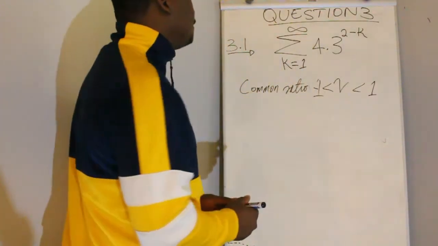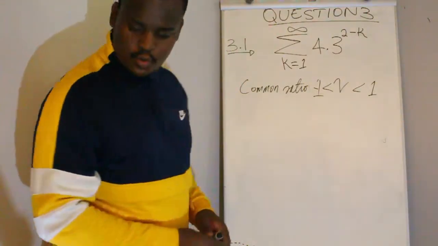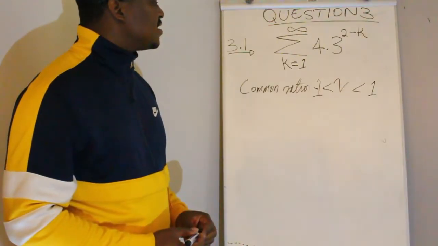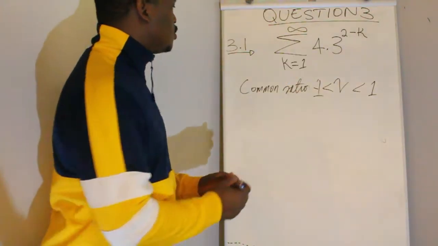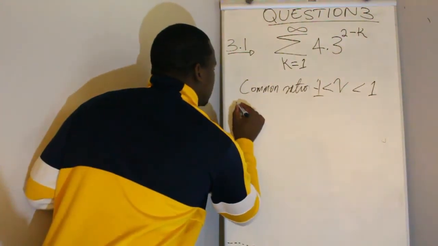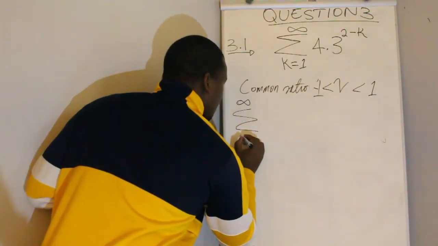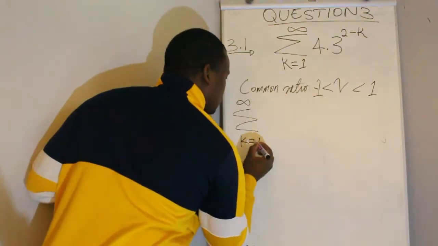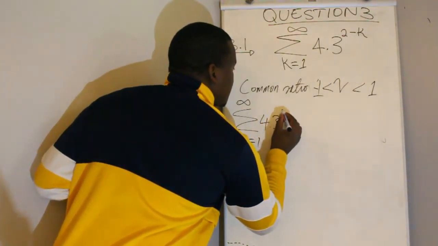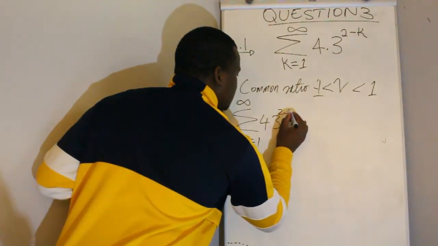So let's go. Now the first thing that we do is to find the terms of this series. So this series, the sum from k equals 1 to infinity of 4 times 3 raised to 2 minus k.